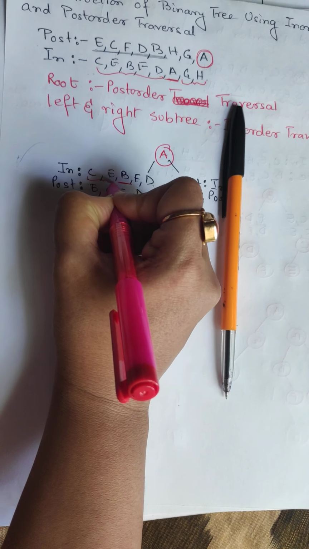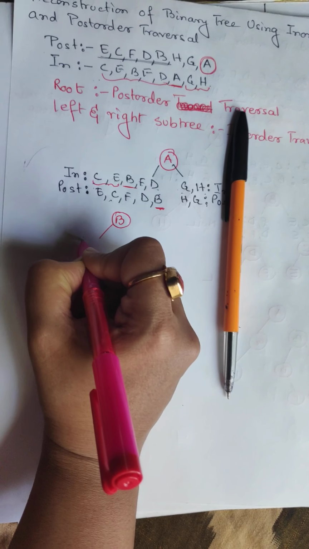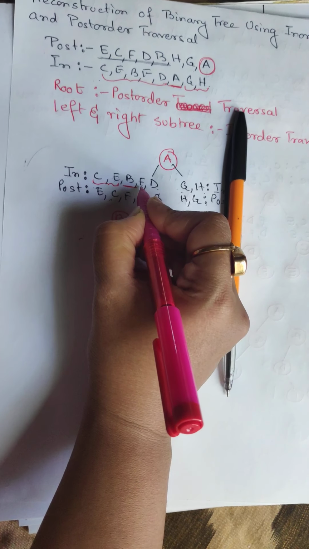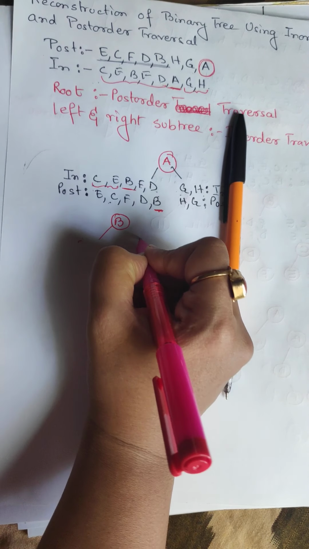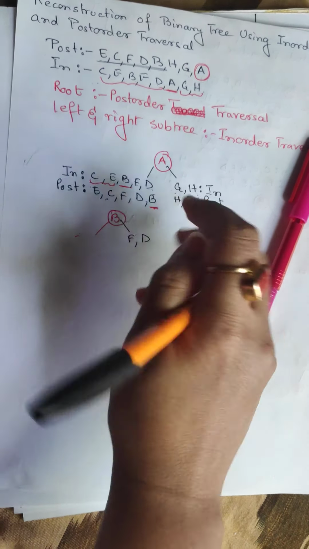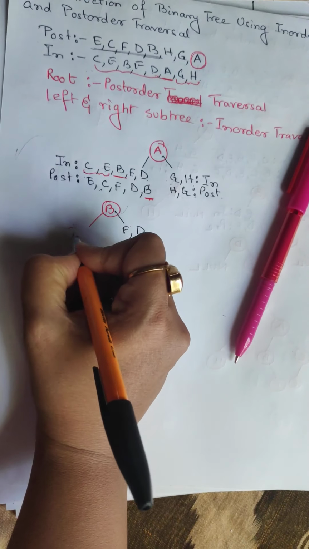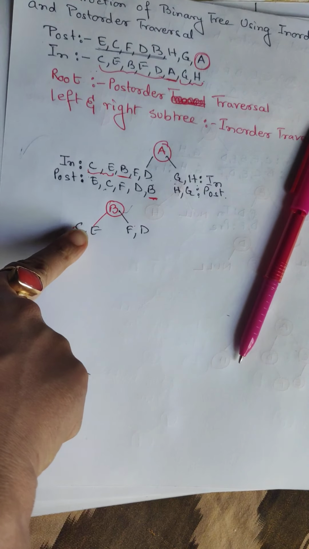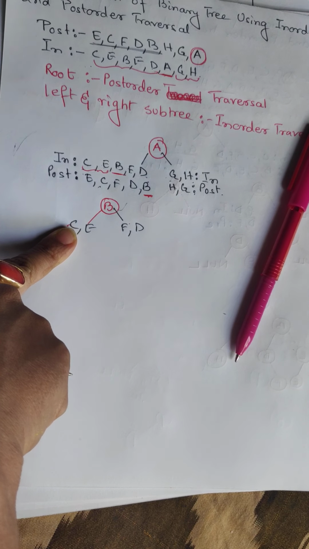Anything that appears on the left hand side of B is the left subtree. Anything that appears on the right is the right subtree of B. So F, D is the right subtree of B. C, E is the left subtree of B.